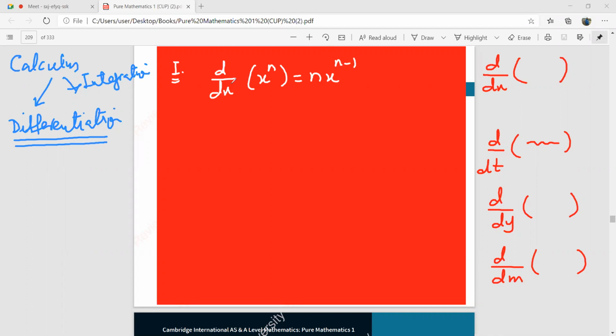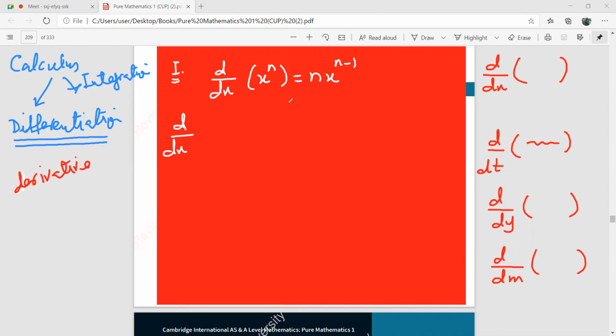Or if you differentiate x to the power n with respect to x, you get nx to the power n minus 1. When you differentiate, the result is called the derivative. You will be hearing this word a lot, the derivative. That derivative is basically the outcome of the differentiation.